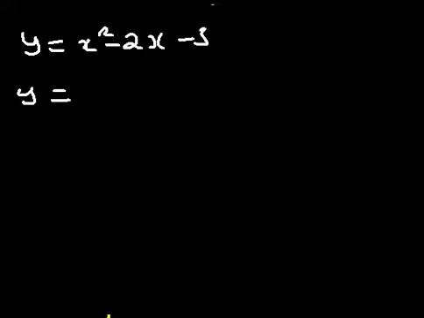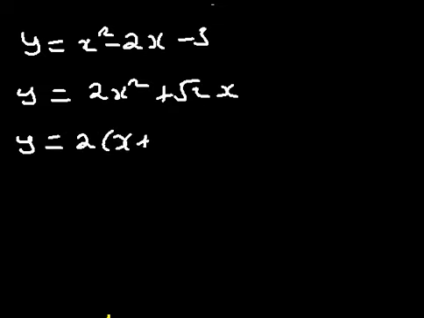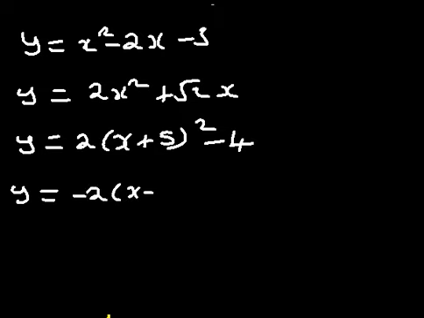We have y is equal to 2x squared plus the square root of 2x, and y is equal to, let's say, (2x plus 5) squared minus 4. Let's say y is equal to negative 2x squared minus 12x minus 20. Also try that one as well at your own time.